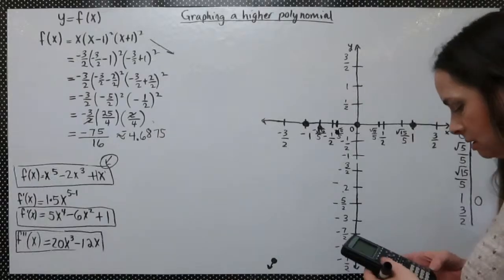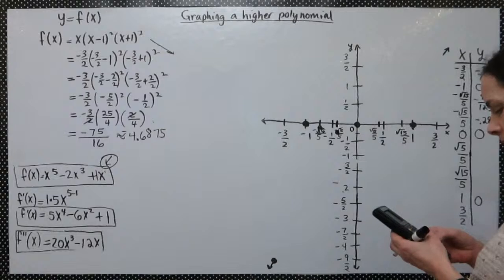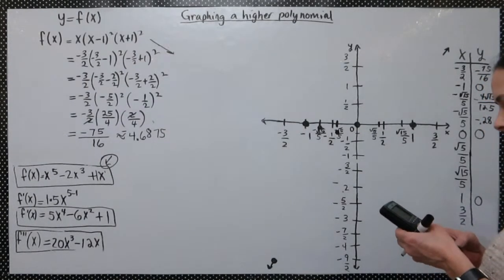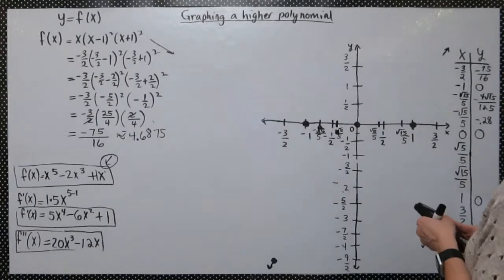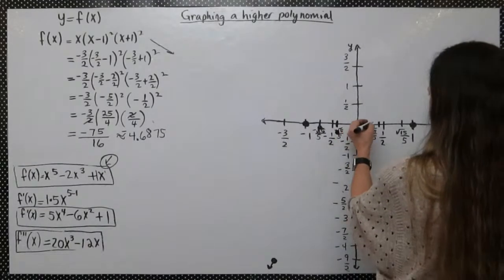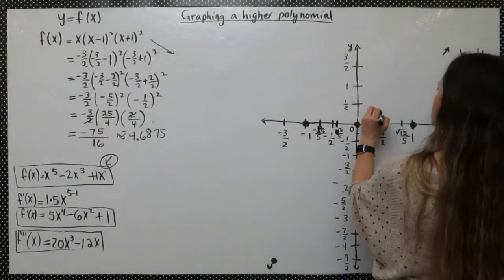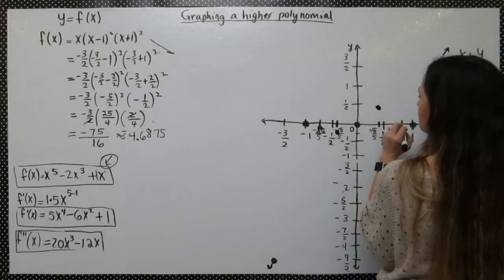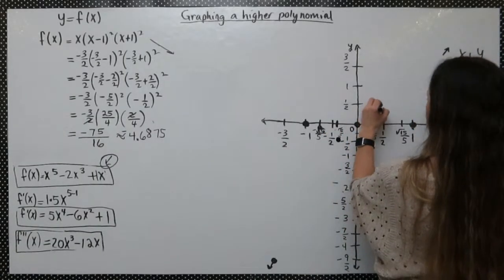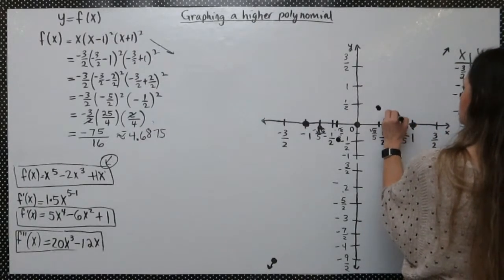And so let's go ahead and do positive radical 5 divided by 5. Okay, oh yeah, positive. So it's going to be positive 4. Okay, so it's 0.4. It's just slightly below 1/2. This one's down a little bit. And then this one's going to be 0.128.